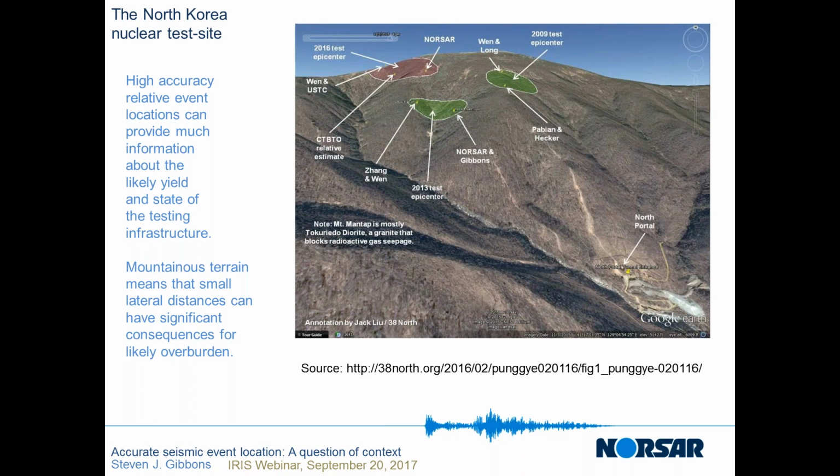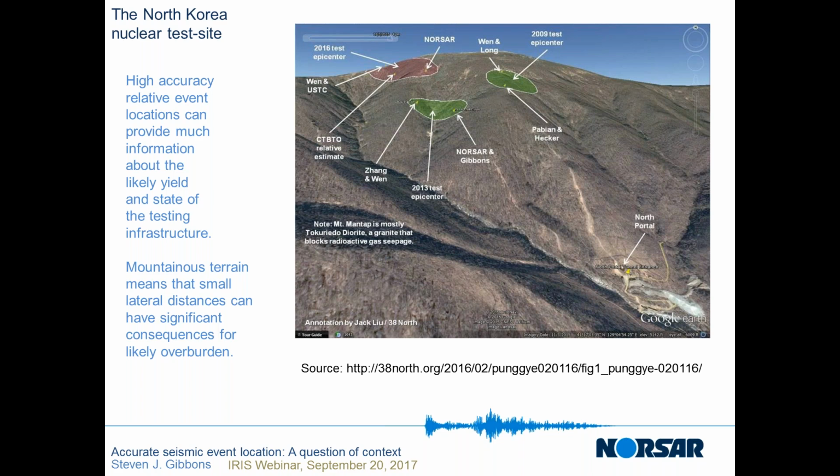Okay, on to another situation which unfortunately has been in the news a lot recently, the North Korean nuclear test site. So why are we particularly interested in accurate event locations at the North Korean nuclear test site? The reason is largely because the events take place in very steep mountainous terrain.